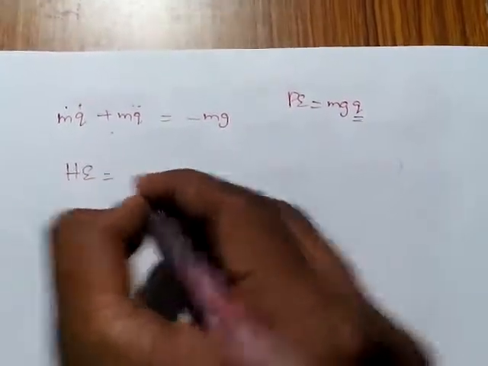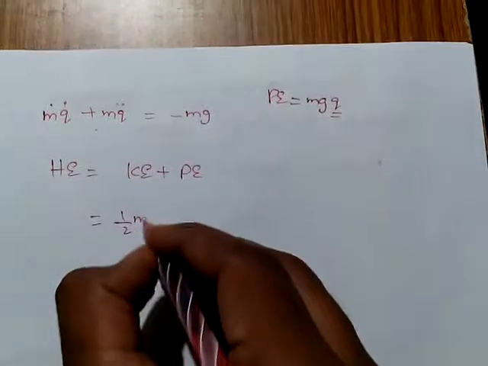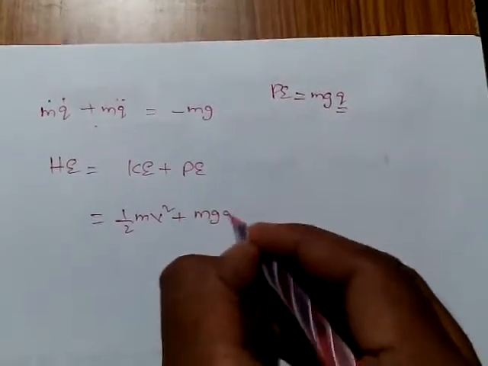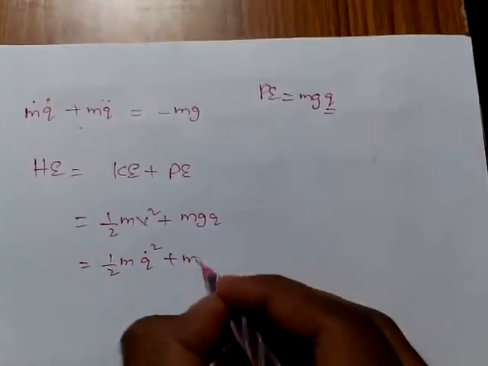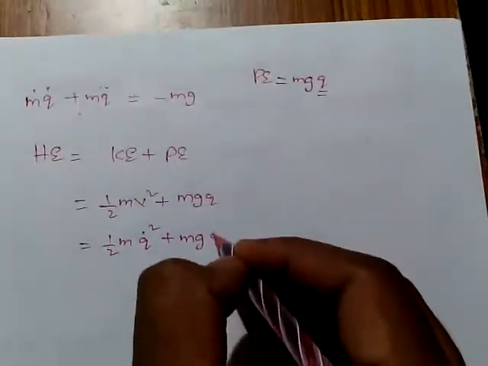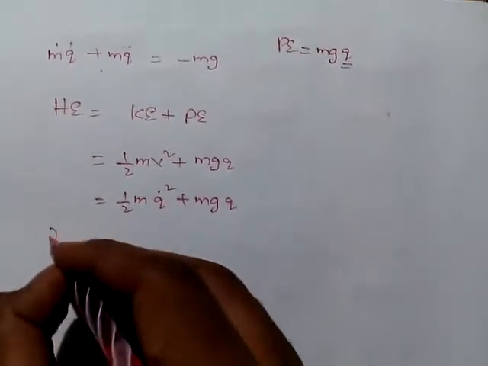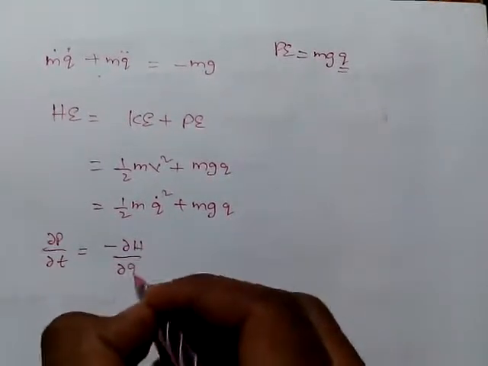Hamiltonian energy is KE plus P. Here KE is equal to half m v square and P is equal to mgq, so H is half m q dot square plus mgq. We know that by Hamiltonian formulas, dou p by dou t is equal to minus dou H by dou q.